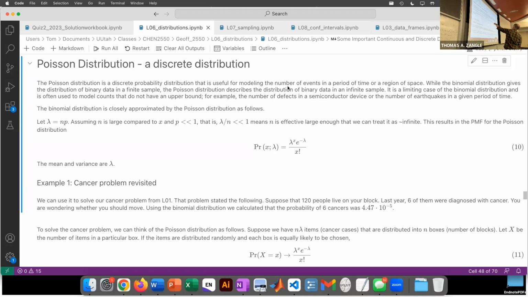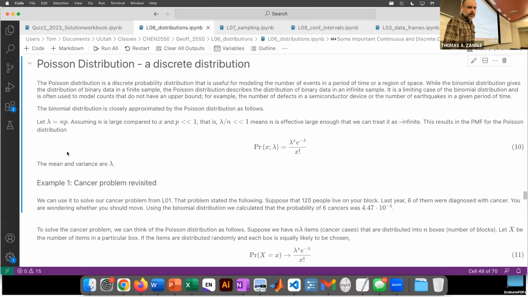So equation 10 shows what the Poisson distribution looks like, defining it mathematically. It shows the probability of a specified number of events, like failures or arrivals in line, whatever it is, given the average rate at which those events occur, lambda, defined here.